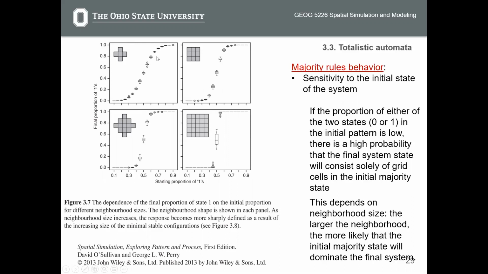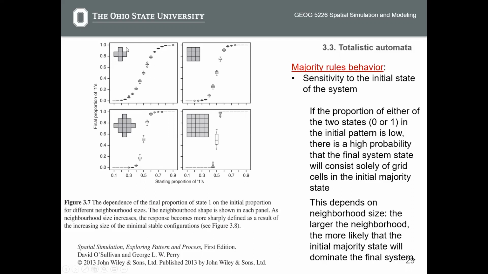So these box plots are telling us that it's not likely that a minority at the beginning will be dominant at the end. It will still be minority.